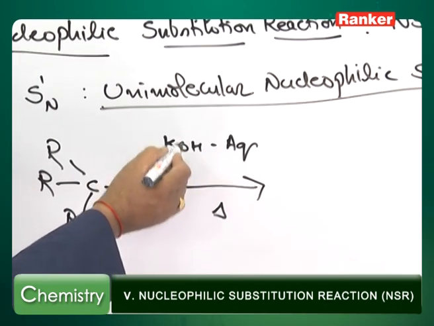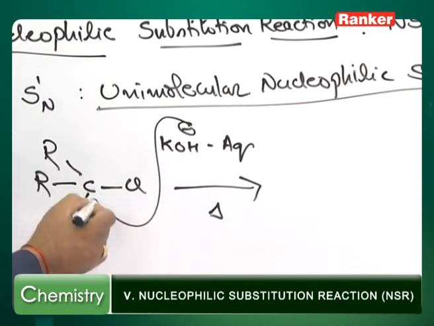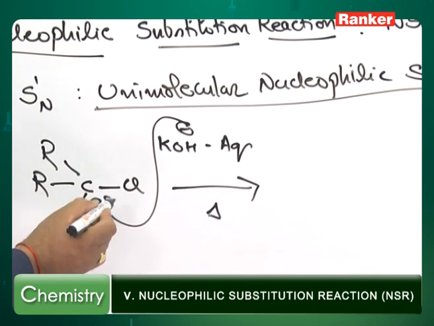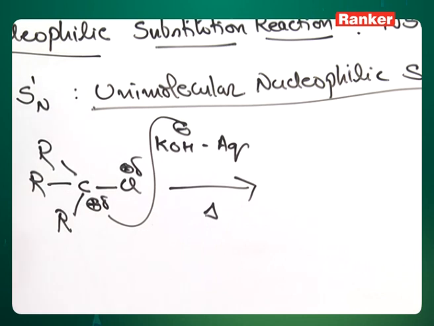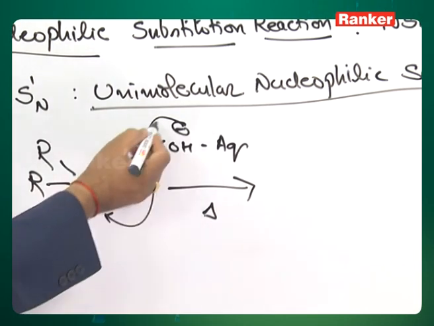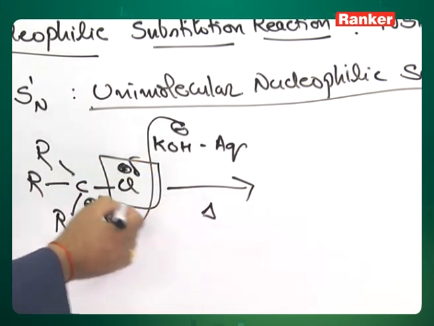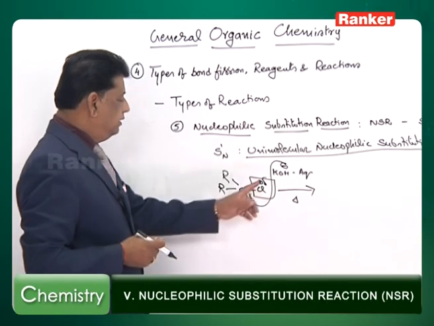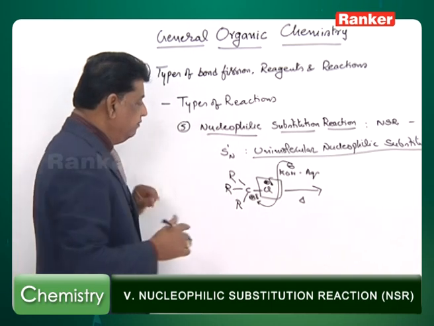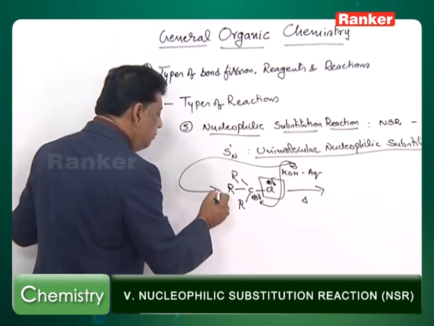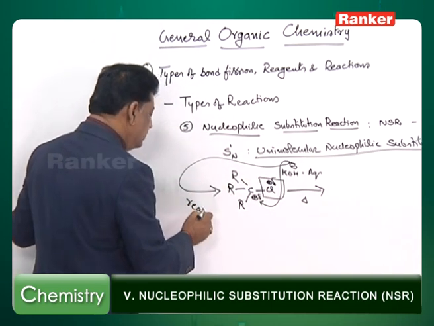As I said, the OH minus will try to come from the front side, because there is a delta plus there and delta minus, and the chlorine is delta minus. Therefore OH minus wants to attack the front side. That is not possible, because Cl is also negative, and so is this. So front side attack is not possible. In the previous case, the OH tried from the rear side, and the attack was possible.